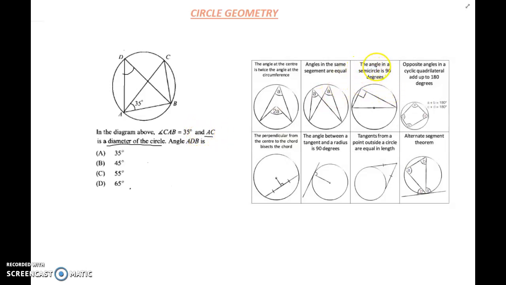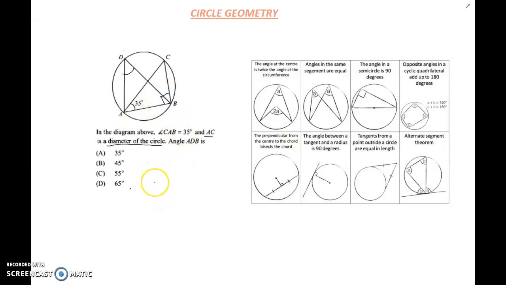Remember, the angle in a semicircle is 90 degrees. That angle on the circumference on top here, it forms the triangle and is 90 degrees. It's likewise here. We have a diameter, we have our big triangle ABC, so this here is 90 degrees.